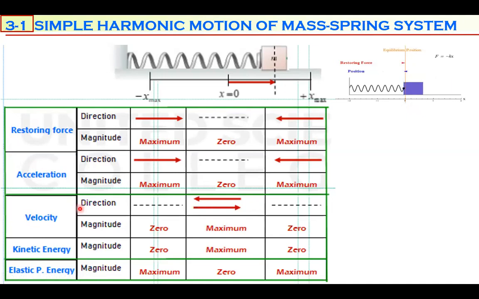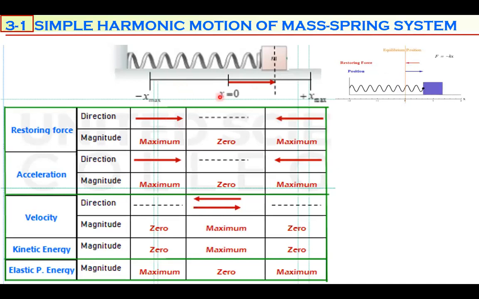First, the equation for restoring force is F equals negative k times x, negative kx. This negative sign indicates that restoring force is always in the opposite direction of displacement. For example, here, displacement is in the positive x direction, but restoring force is in the negative x direction. Here, displacement is in the negative x direction, but restoring force is in the positive x direction.